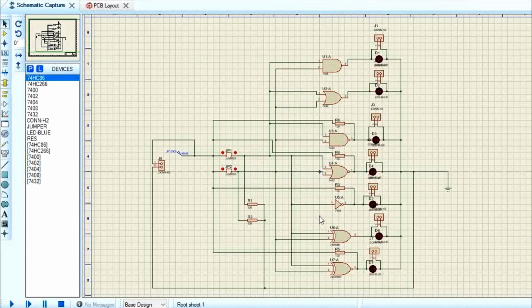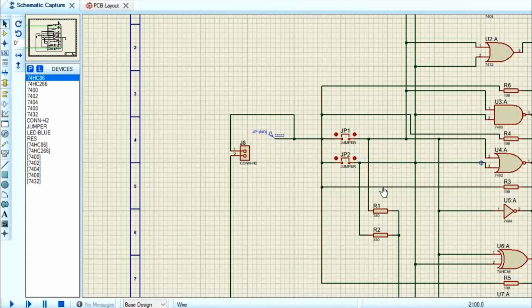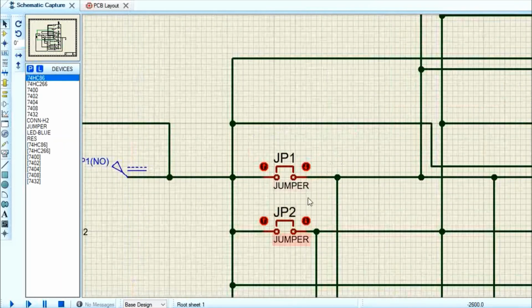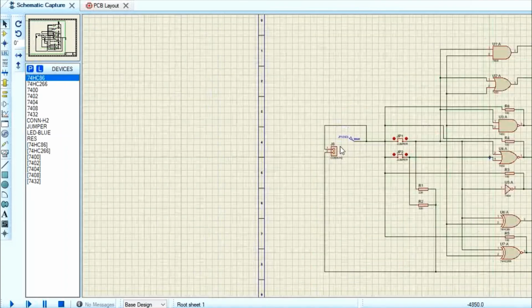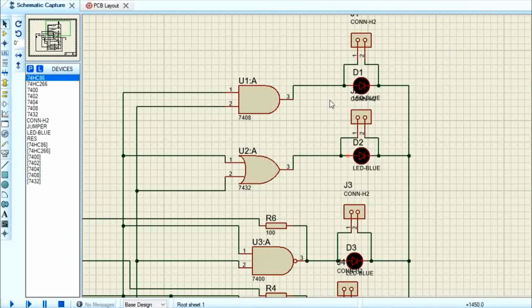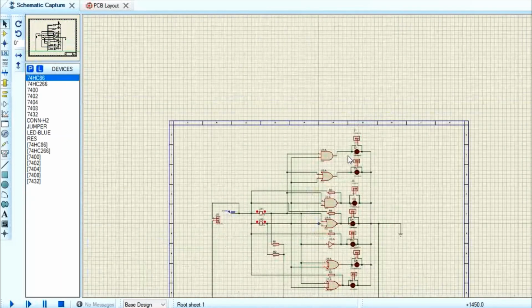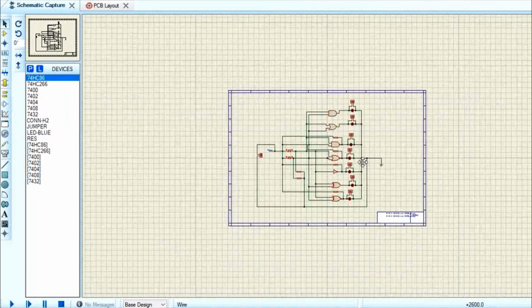In this way, all my logic gates are connected to a single supply with the help of two buttons. As a PCB design for push button is not available, so I use jumper instead of using push buttons. Also PCB package for supply and LEDs are not available, so I use 2-pin connectors instead of using supply and LEDs. Here is a complete schematic circuit of all my logic gates.